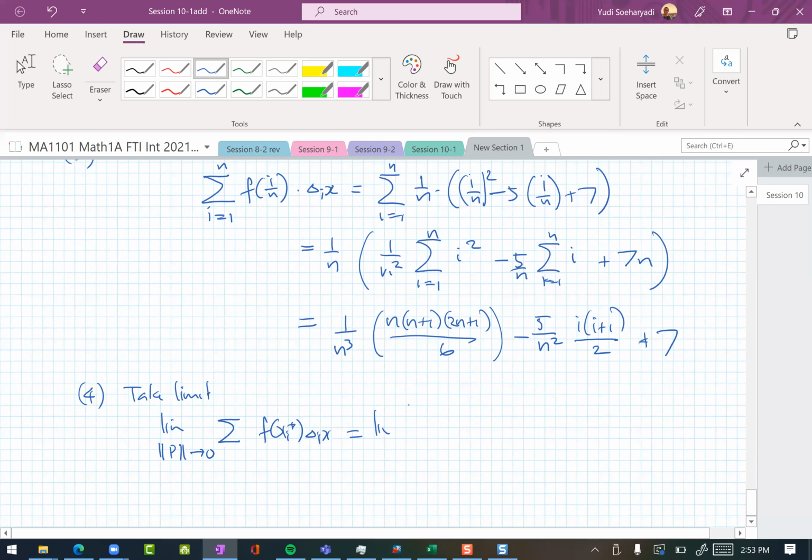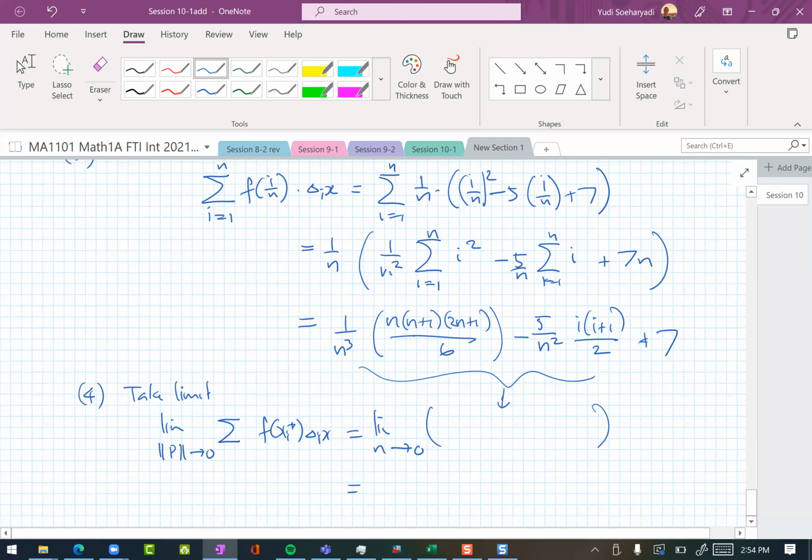Yeah, actually, this will be the same because this f is integrable. Then it is the same as this sum. Okay, so you get something like this.